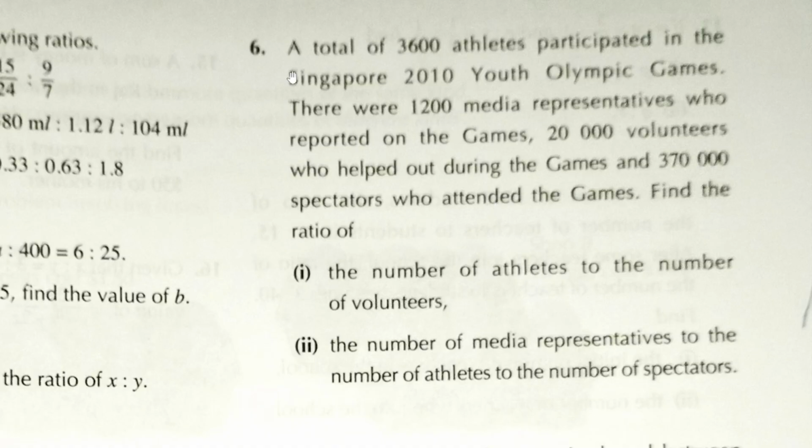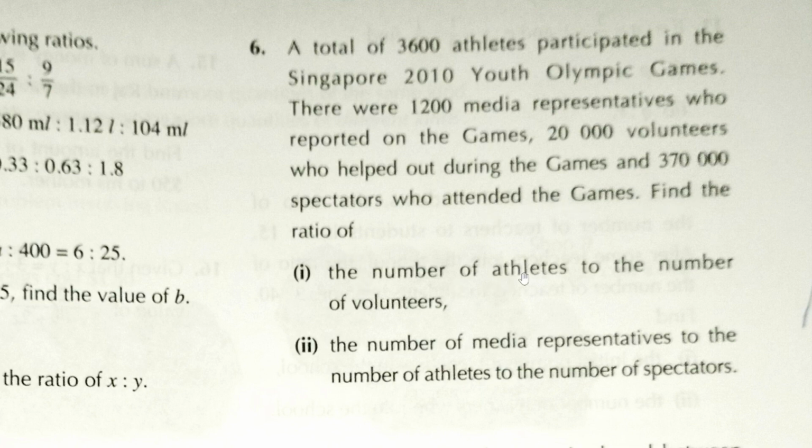So this is question number 6. A total of 3,600 athletes participated in Singapore 2010 Youth Olympic Games. There were 1,200 media representatives who reported on the games, 20,000 volunteers who helped during the games, and 370,000 spectators who attended the games.